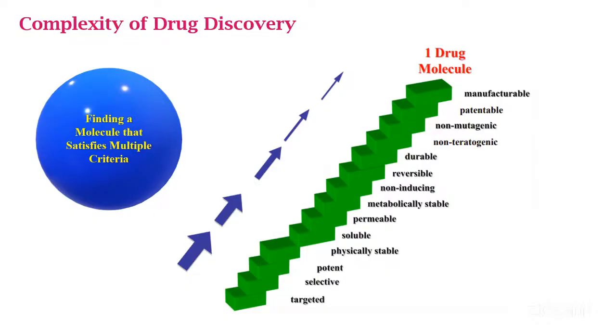So in order to predict the positive outputs of a particular synthesized compound, we should perform molecular docking, because it gives the probable interactions of your synthesized compounds with the target enzymes.